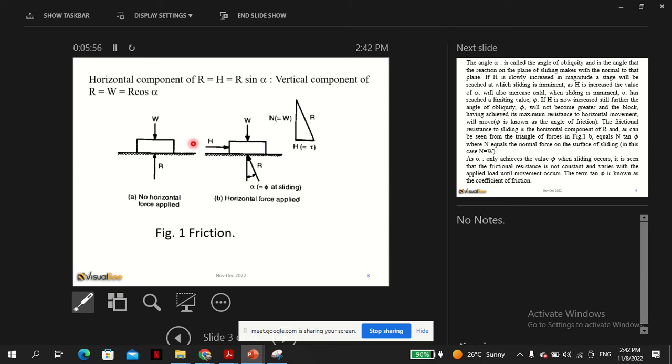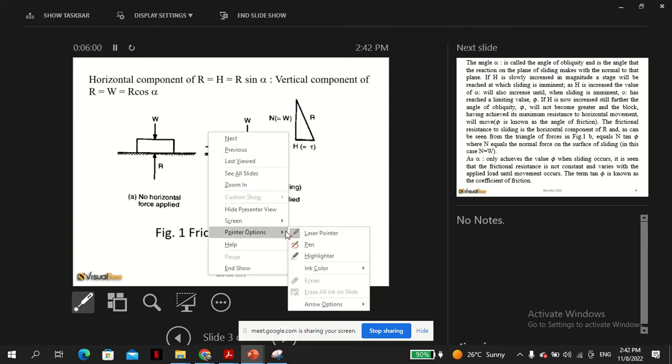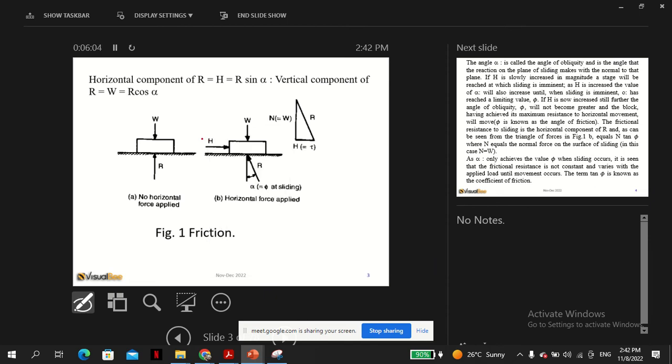So you increase H from 0, so that you have a very clear idea. So you can increase H to 1, 2, 3. So the H will reach a value that this block will just about to move. Now at that point, this angle, that would be the maximum friction.